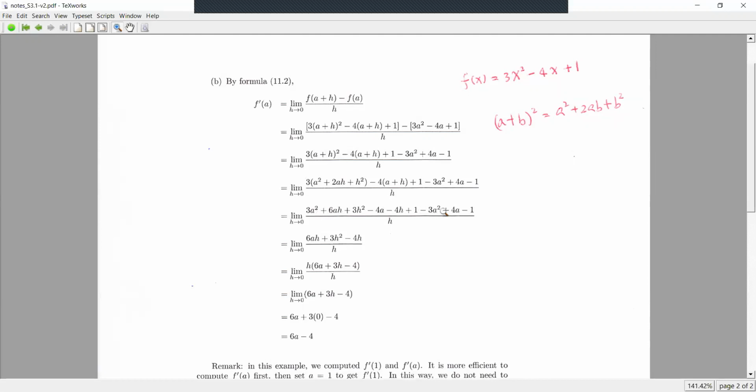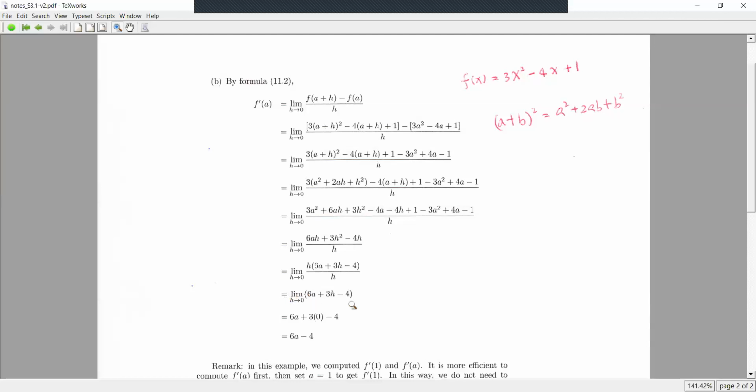After the cancellations, then we have this equation. We can further cancel h from the top and from the bottom. To see that, I factor h in the numerator out to get this equation. Now, cancel h, cancel h. Then we have this equation.